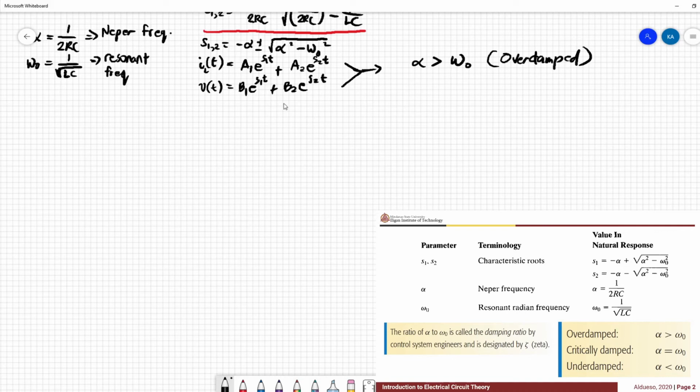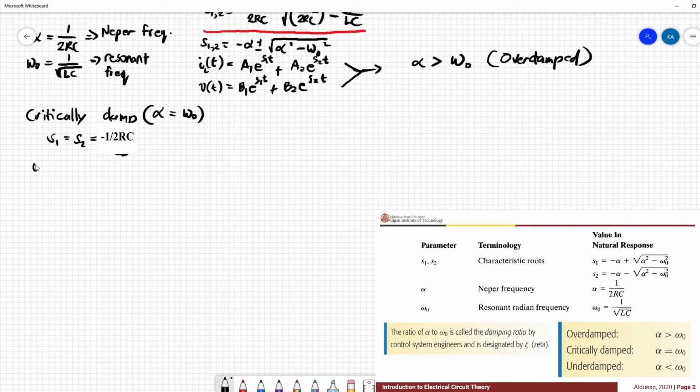Now since we have the solution for the overdamped circuit, let's take a look at the critically damped circuit. Critically damped means our alpha is equivalent to omega naught. So S1 is equivalent to S2, which is just equivalent to negative R over 2L.